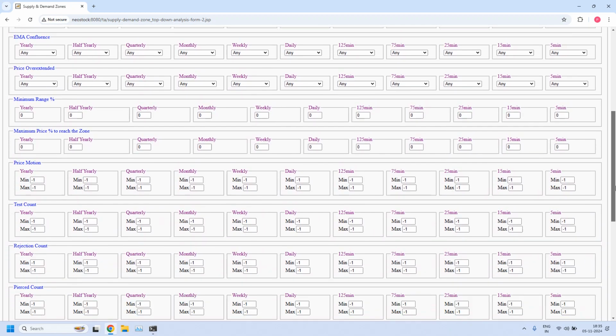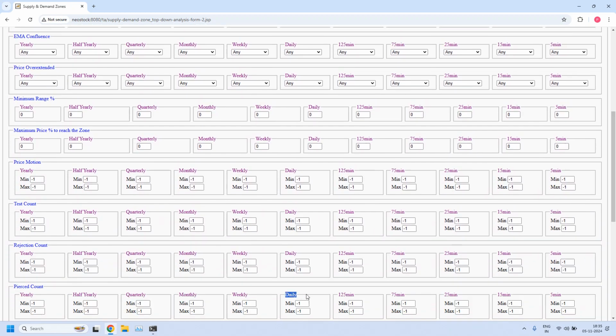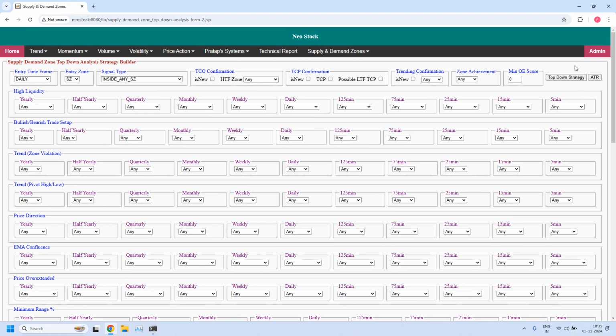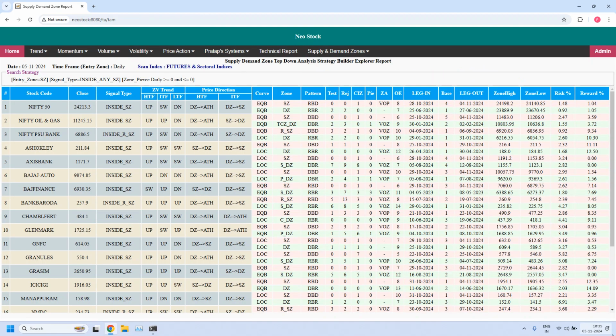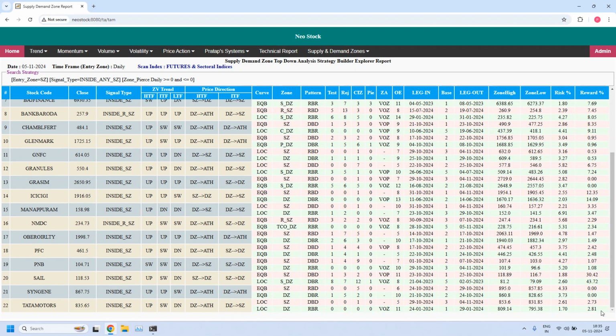So in the pierced count at a daily time frame, I am setting minimum value 0 and maximum value 0. Now let's verify. We got a very big list. Now currently prices are inside daily supply zones. I am scrolling the list down for your reference. So total 22 stocks are filtered. Currently price closed inside daily supply zones.